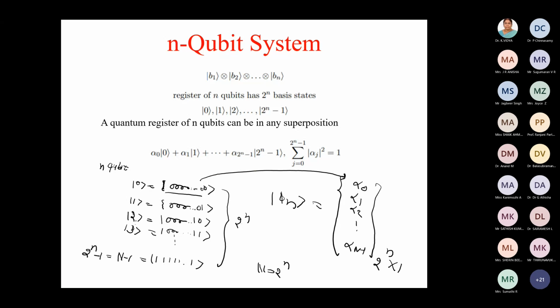So for an n qubit system, let's call this phi n, and this is your state. If you are able to visualize this thing.